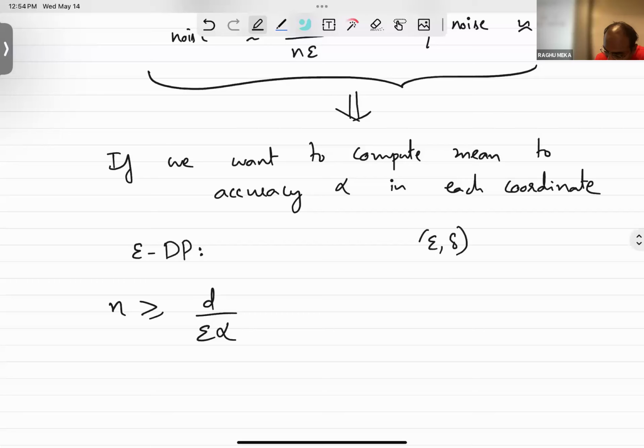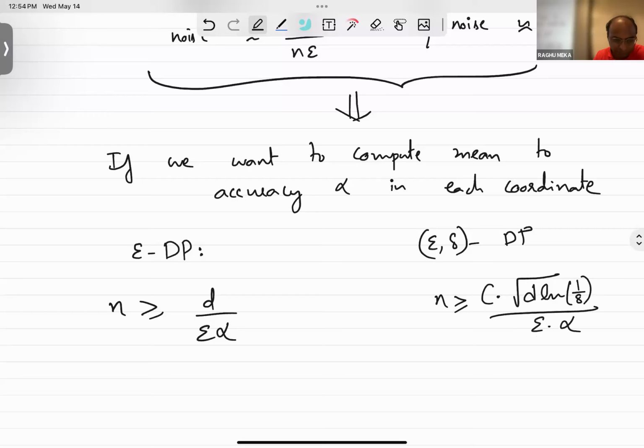For epsilon-delta differential privacy, we need n roughly square root d over epsilon alpha. So even to compute the mean of a database, there's a quadratic difference in the cost of privacy.